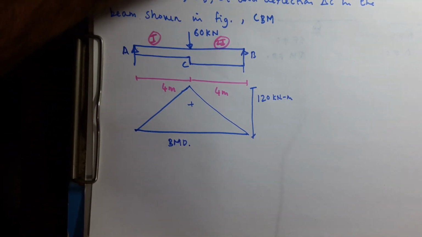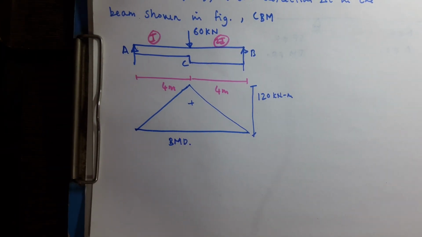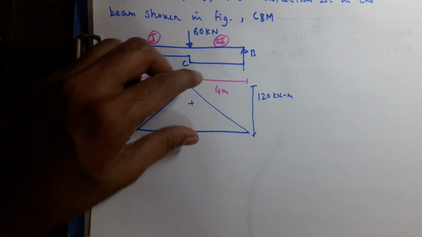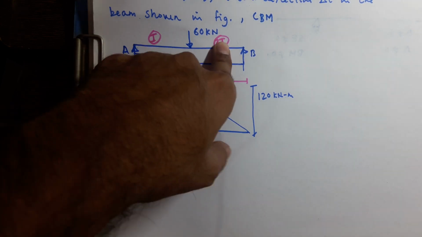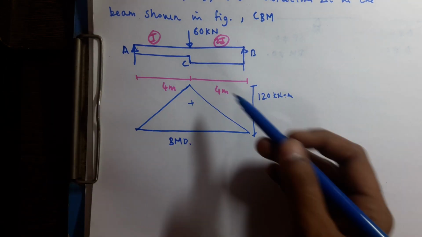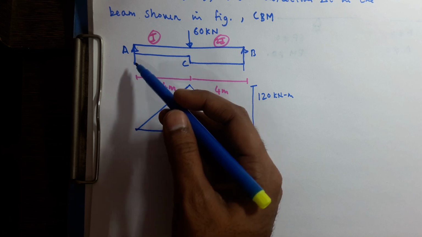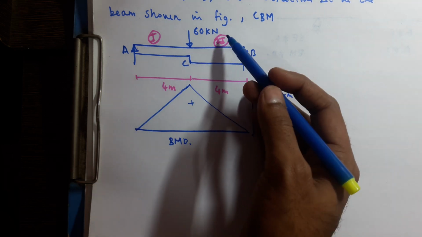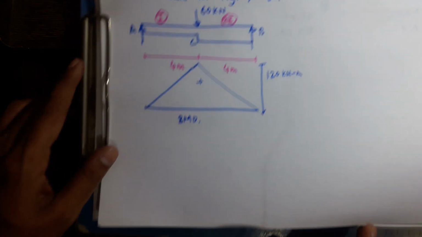We have to convert this bending moment diagram into a curvature diagram, and that can be done by dividing bending moment by EI. They have given I value for AC and 2I for CB. So how to convert?